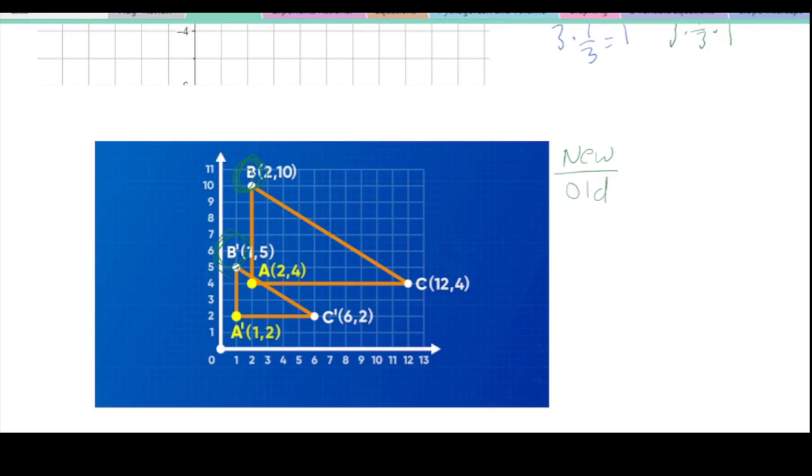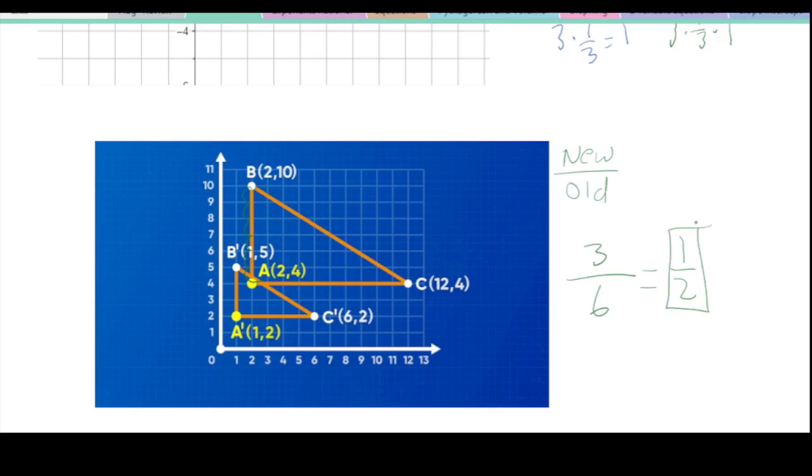So in this case, my new shape is 1, 2, 3 long, and my old shape was 1, 2, 3, 4, 5, 6. 3 over 6. And 3 over 6 simplifies to 1/2 if I divide both of those by 3.